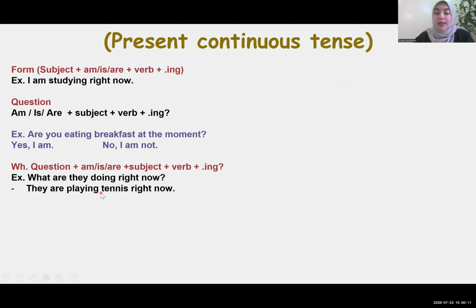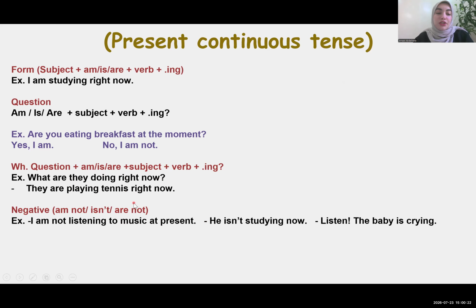They are playing tennis right now. In the negative form, we should use am or is or are plus not plus verb plus ing. For example, I am not listening to music at present. He isn't studying now. Listen, the baby is crying.